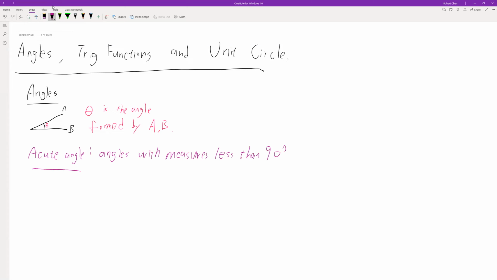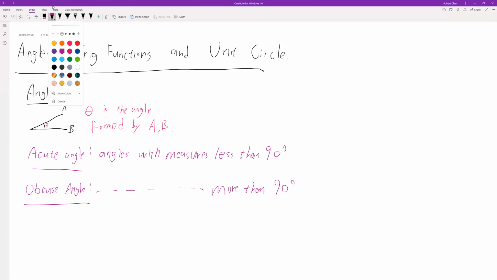And then we have obtuse angle, which are angles with measure more than 90 degrees. So 90 degrees is what we call a right angle.